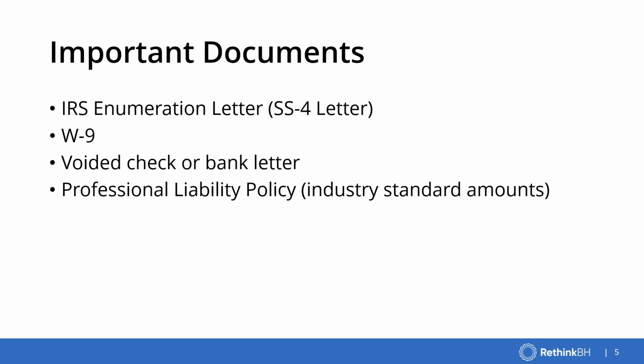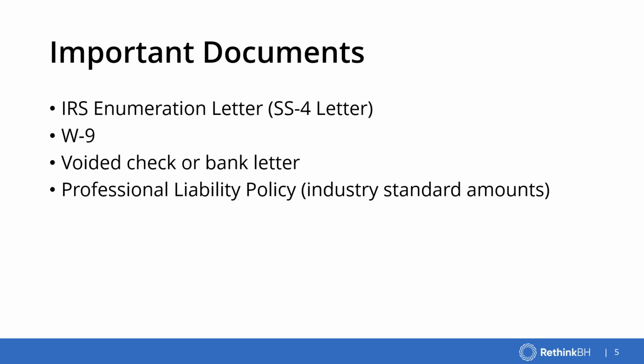Next is a W-9. You'll want to complete a W-9 specifically for your business, so that you'll put your business name in box 1, as this will be the name that the payers will put on contracting documents. A blank W-9 can just be found online or at the IRS website. The third bullet here is a voided check or a bank letter.